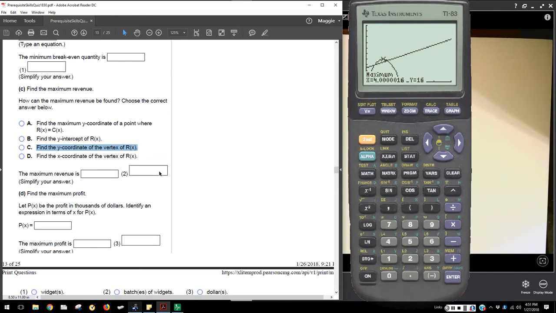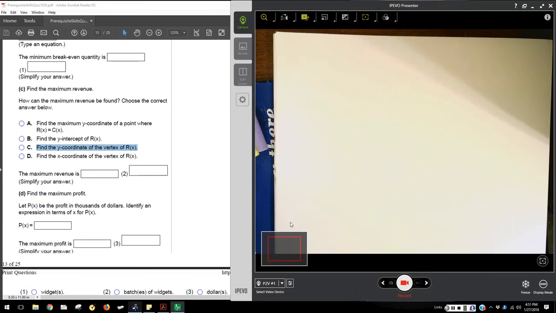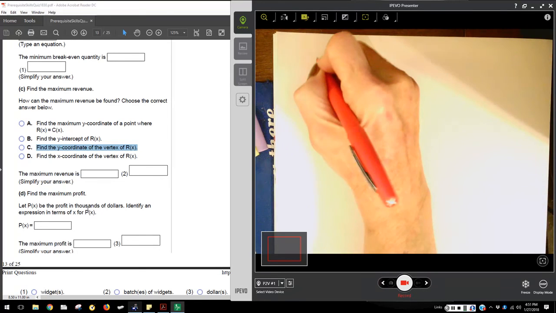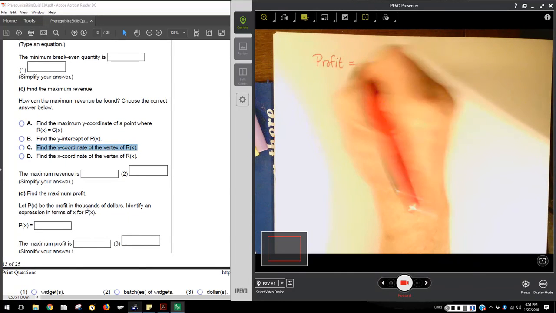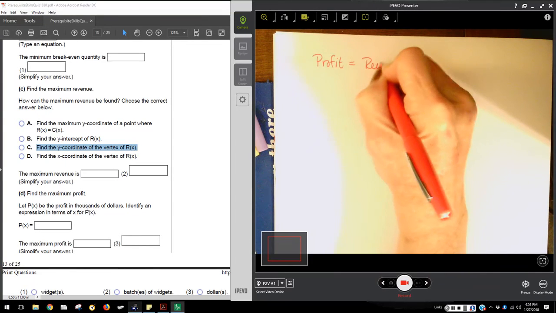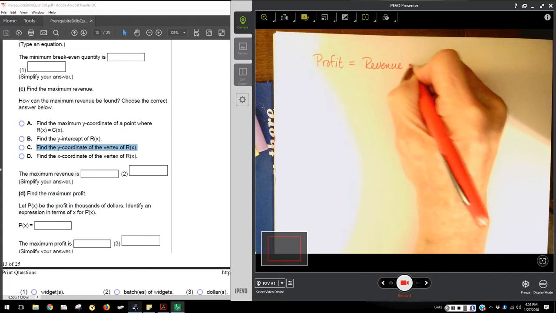Then it says to find the maximum profit. Maximum profit's tricky because you can't get that straight off this graph. If you want the maximum profit, you need to keep in mind that profit is equal to your revenue minus your cost.